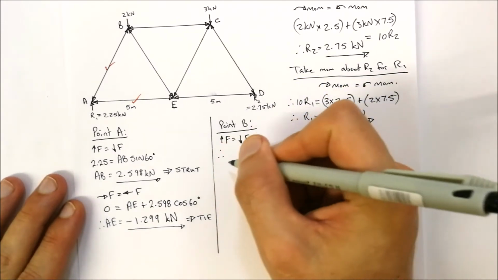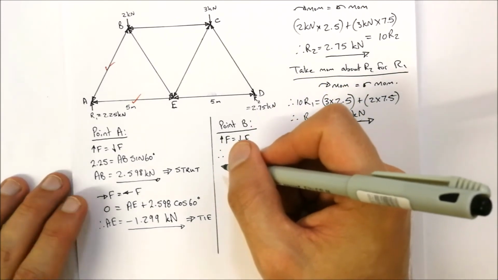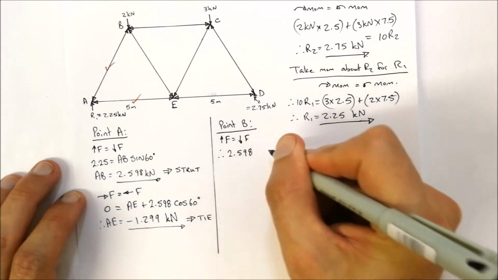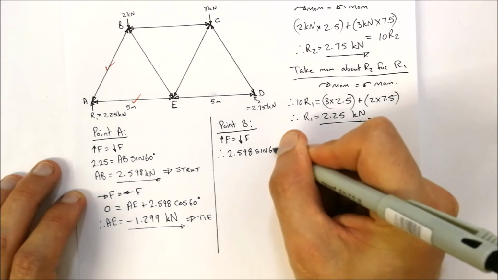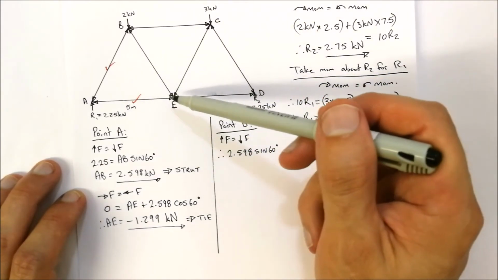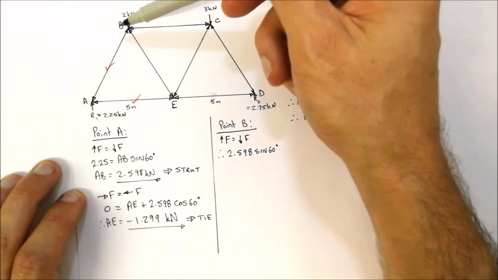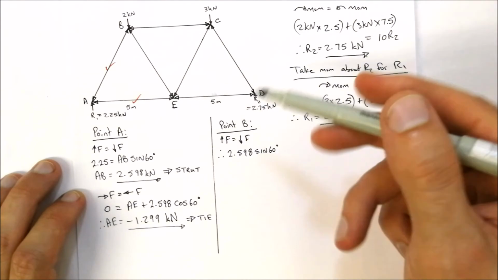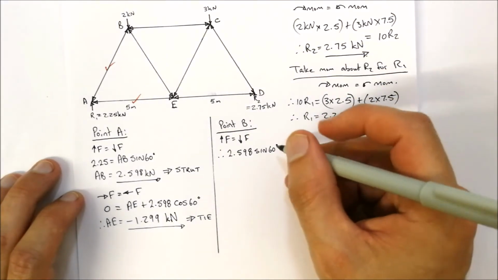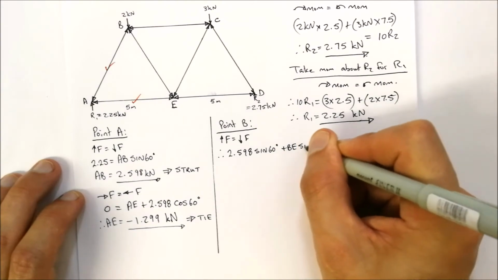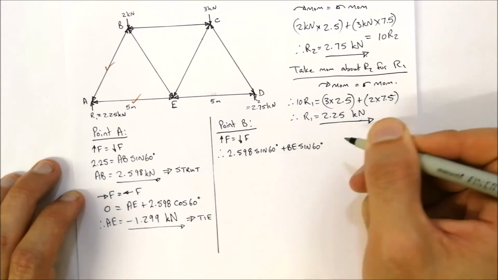So AB is 2.598 sine of 60 degrees. There is also the force BE acting upwards with its vertical component, so we add plus BE sine of 60 degrees.